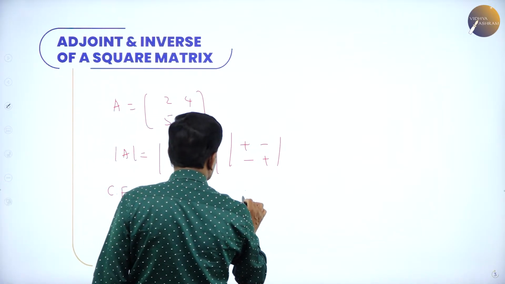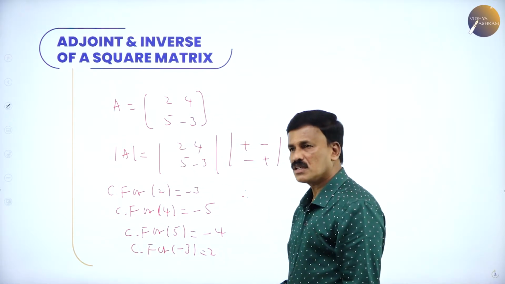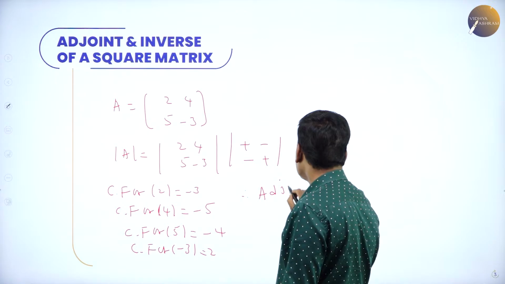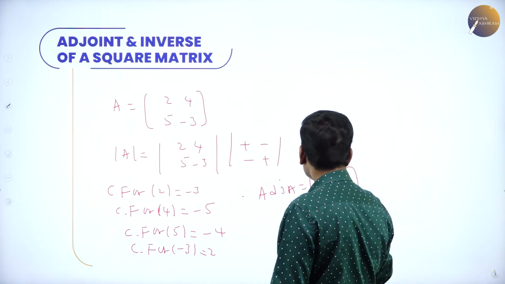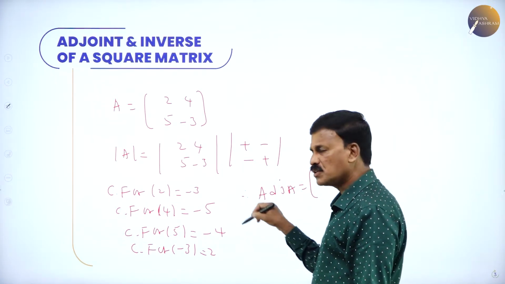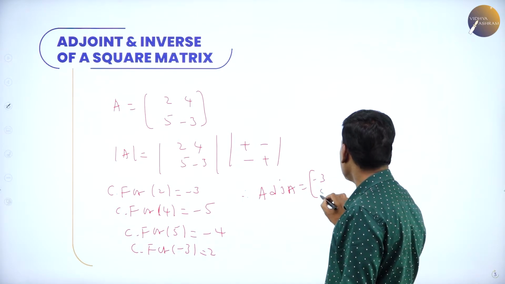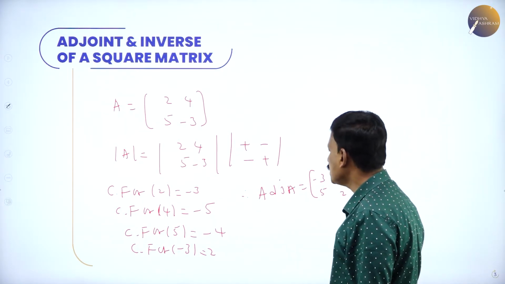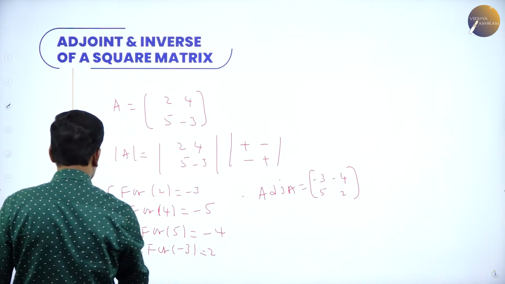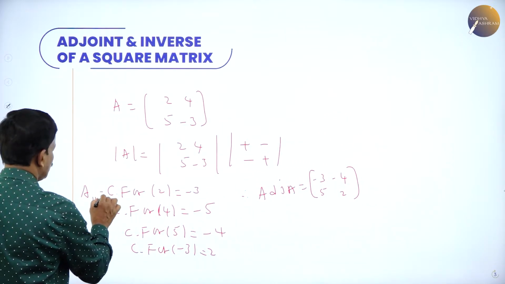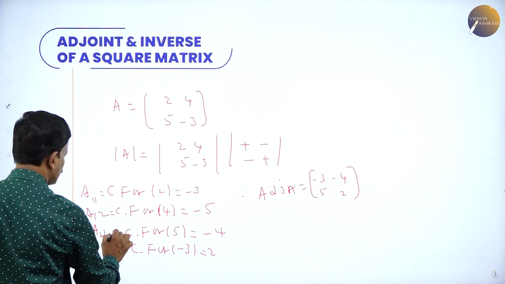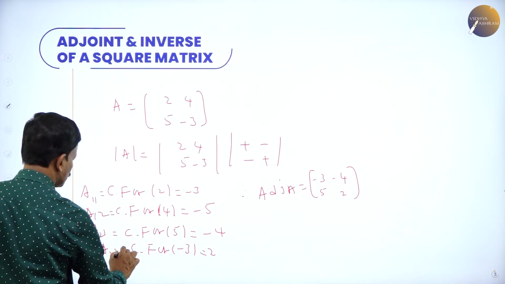So, straight away you can write the adjoint. Adjoint of A is equal to, instead of writing first row, write it as first column 3 and 5, and this is minus 4 comma 2. In some textbooks these are denoted as A11, A12, A21 and A22.